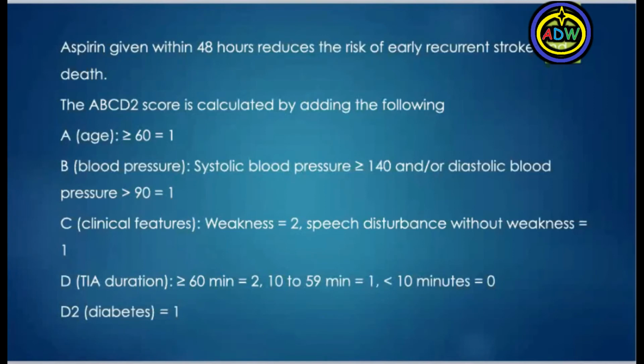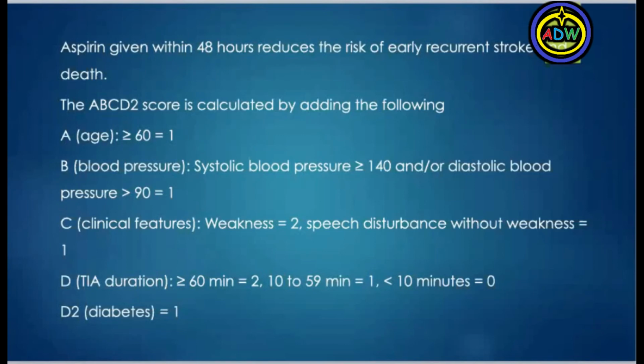D is for transient ischemic attack duration. If it lasts more than 60 minutes, it is 2. If it lasts from 10 to 59 minutes, it is 1. If it lasts less than 10 minutes, it is 0. And D2 is for diabetes. If the patient has diabetes, it is 1.